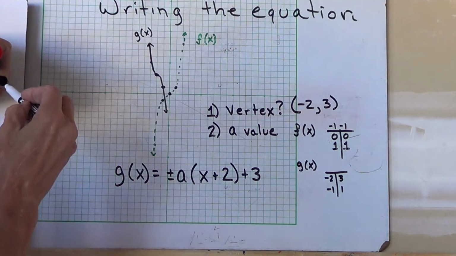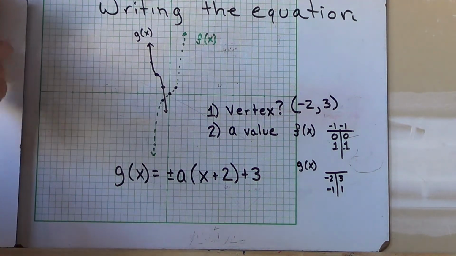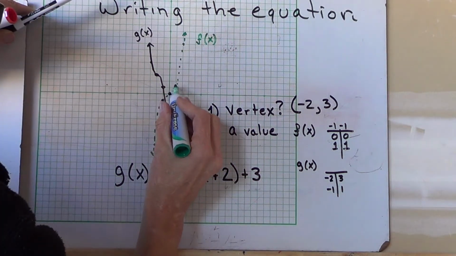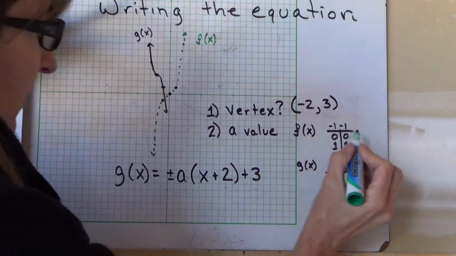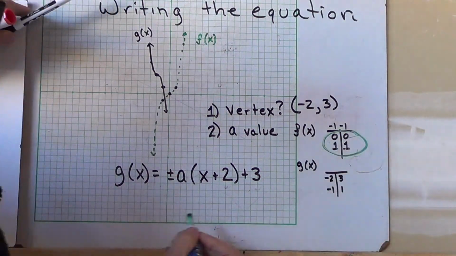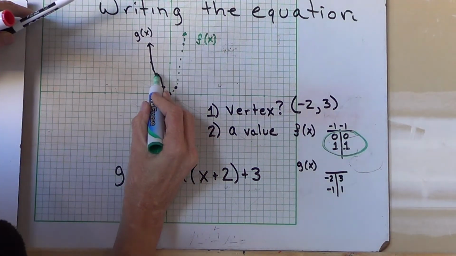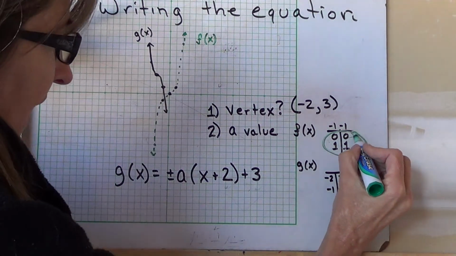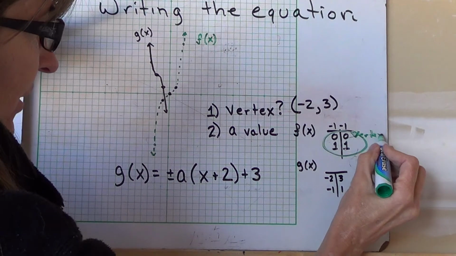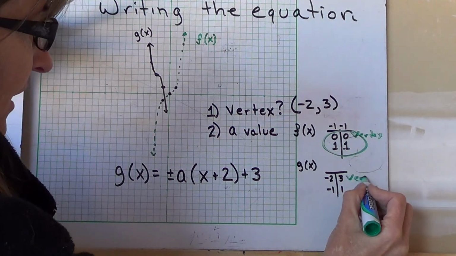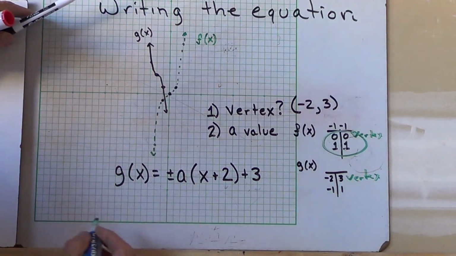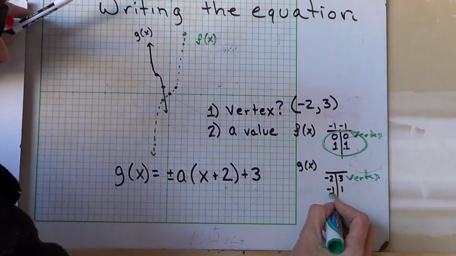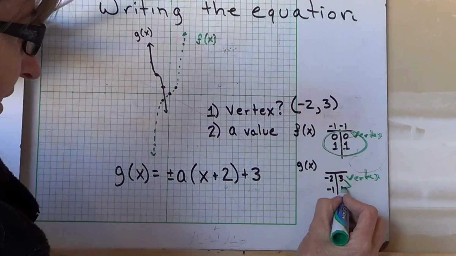So what's so awesome is I can see it in my T-chart over here. If I just focus on my over 1, up 1 in my parent function, and I plot those first 2 points in my new function, I've got my vertex here. That was my vertex in my parent function, and this is my vertex in my new function. And now my next point happens to be at negative 1, 1, and I look at the distance there.